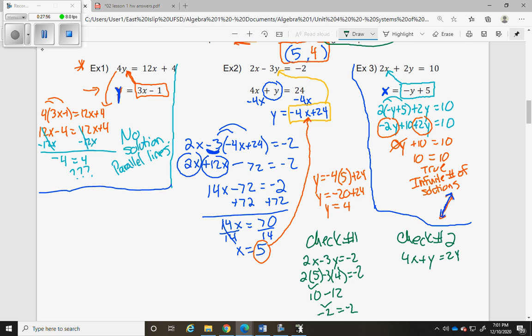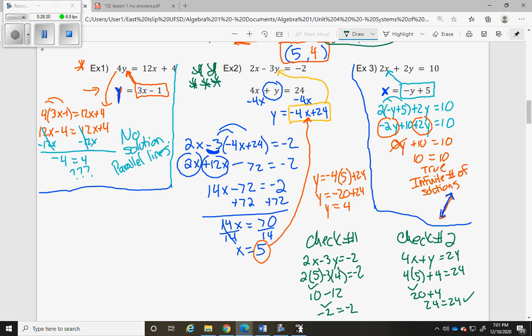My first equation checked, and again, in place of x, I put the 5, and in place of y, I put the 4. And it checked. So, solving a system of equations by substitution, if it has one solution, can be lengthy, right?